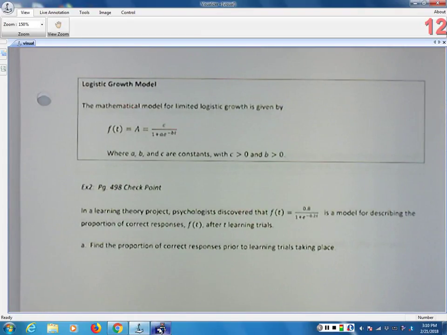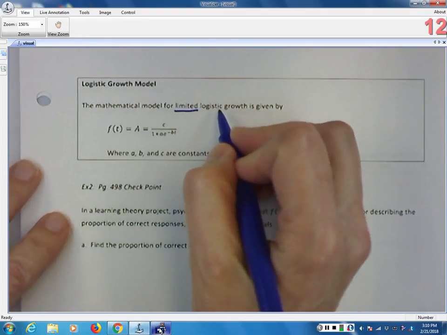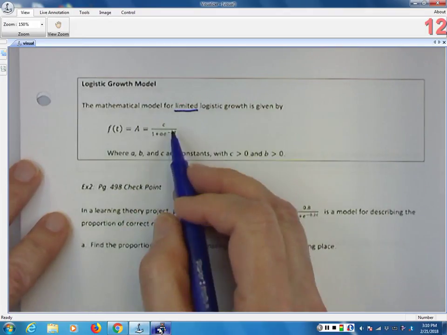So here's the logistic growth model. This is a mathematical model for limited logistic growth, and it's given by this.